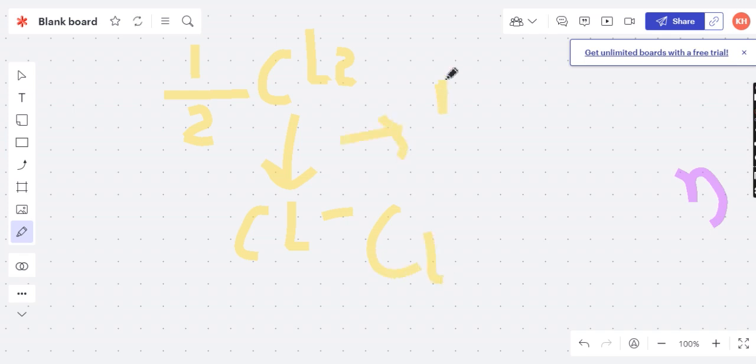After that comes the electron affinity: chlorine gains an electron from sodium and gets a negative charge. The electron affinity is negative, since energy is released when chlorine gains an electron to form the chloride ion.